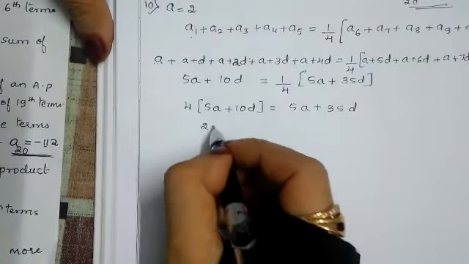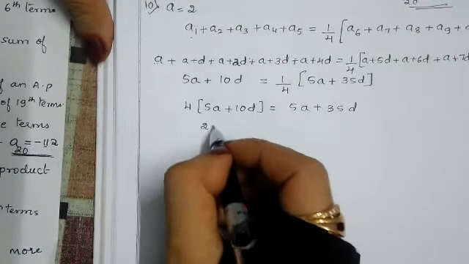We write like terms on one side: 20A as it is, 5A if we bring this side is minus 5A, 35D as it is this side, and 40D if I bring this side is minus 40D.